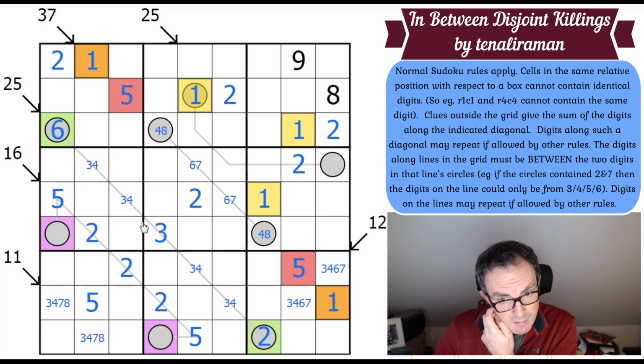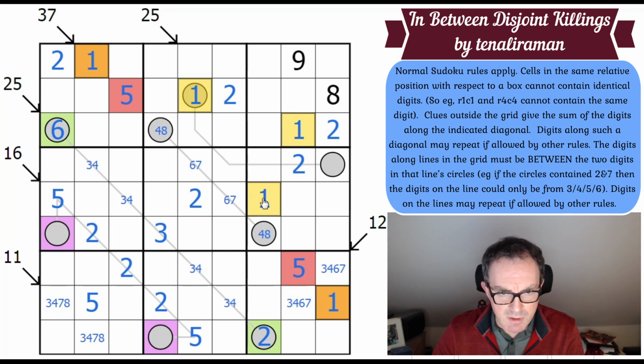Okay. I have a horrible feeling there's something more I can do with the 1s, but I'm not seeing it very quickly. Okay, so where else can I look then?